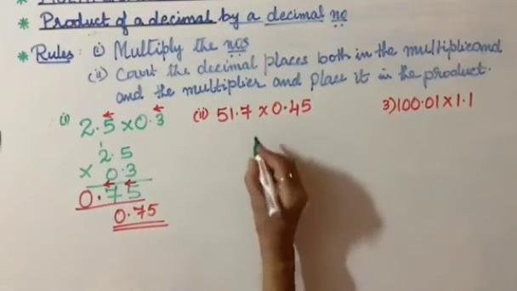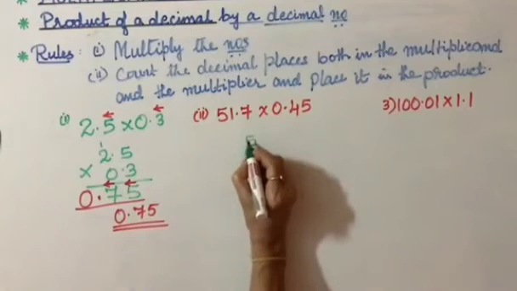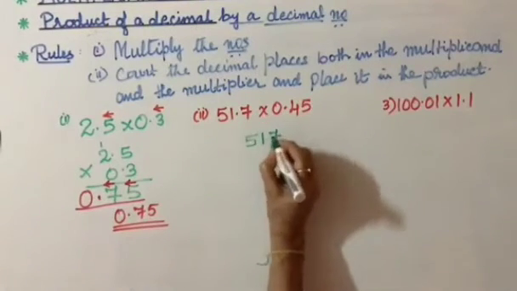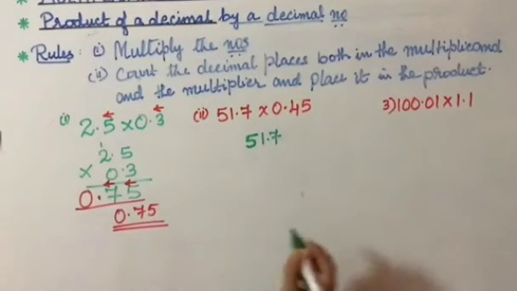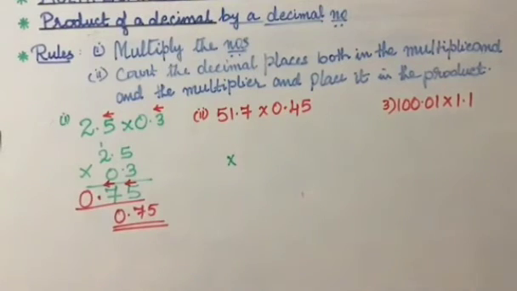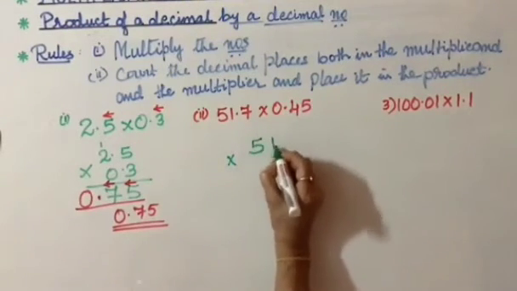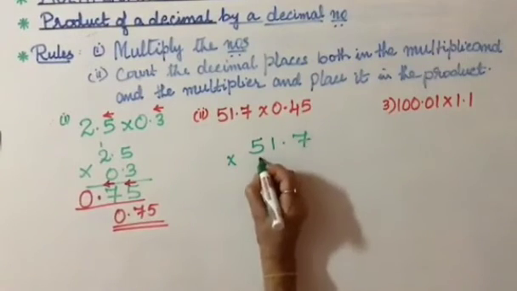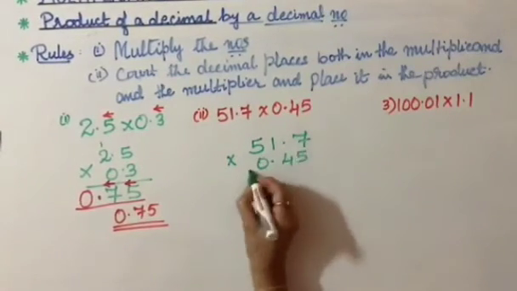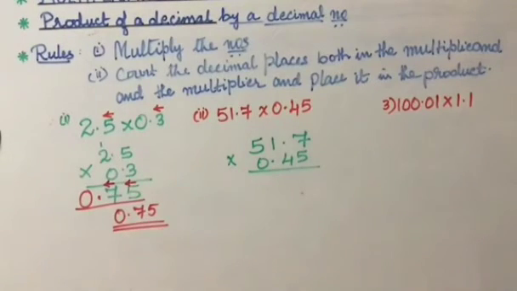Okay. What did we say? 517. That is 51.7 into 0.45. Let me space it properly. Do not look at the decimal places. Multiply first. Multiply with 5. 51.7 into 5. Just like ordinary multiplication of whole numbers.